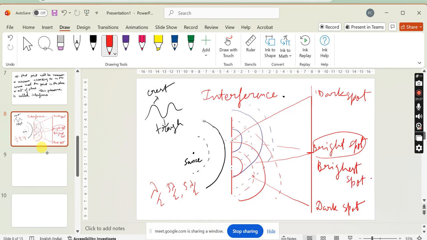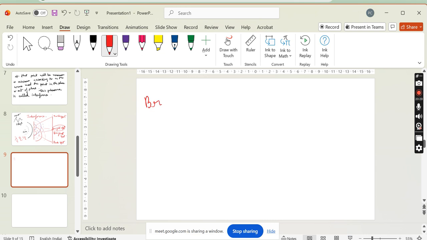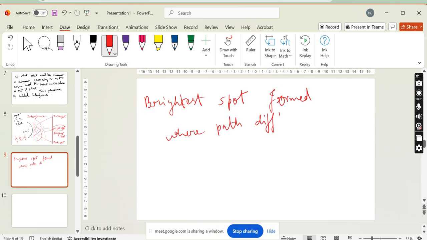The point where the path difference of the two waves is zero.